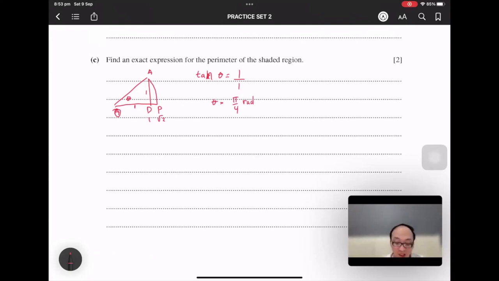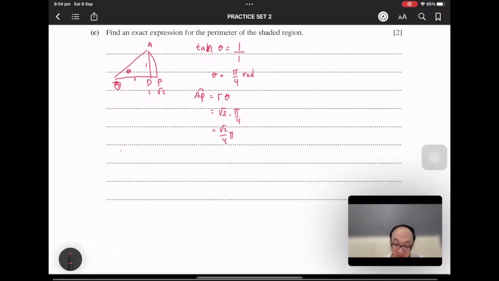And then that means we can find the arc AP using the formula arc equals r theta. So r, the radius, is square root of 2 times theta pi over 4. So root 2 over 4 pi. That's for the arc AP.